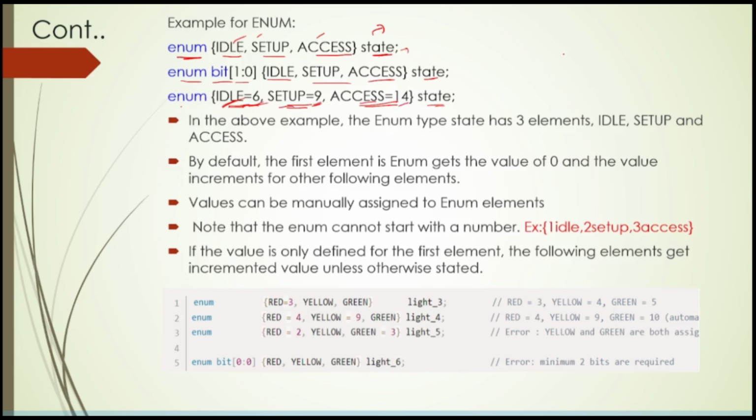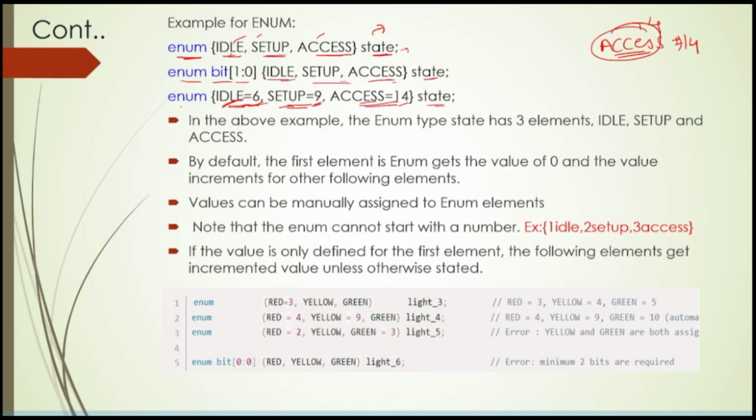That means whenever you use the word access, it has the value 14. But in the starting example, these three had no values given. Does that mean they don't hold any value?